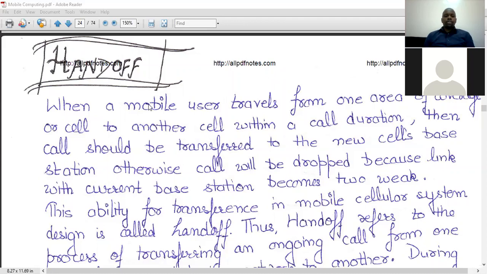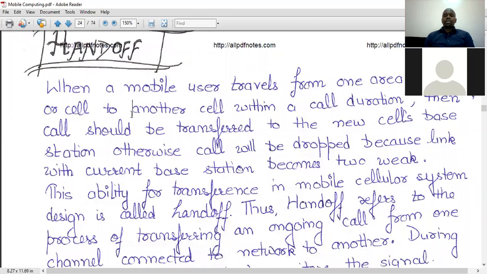So that is what handoff is about. It's about handing over control of a frequency from one base station controller to another. What happens when handoff is not done? When handoff does not occur, there will be a weak signal. Therefore, the caller and the callee will realize that there is actually a weak signal.